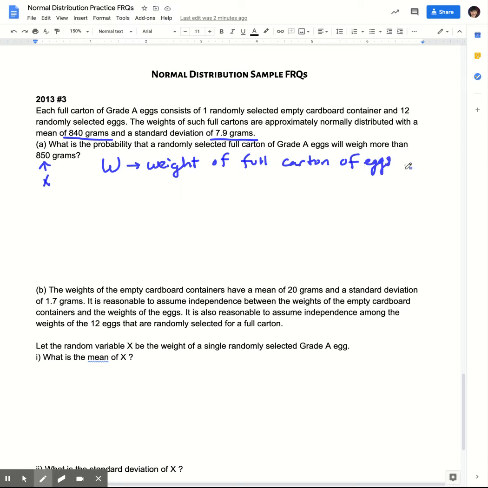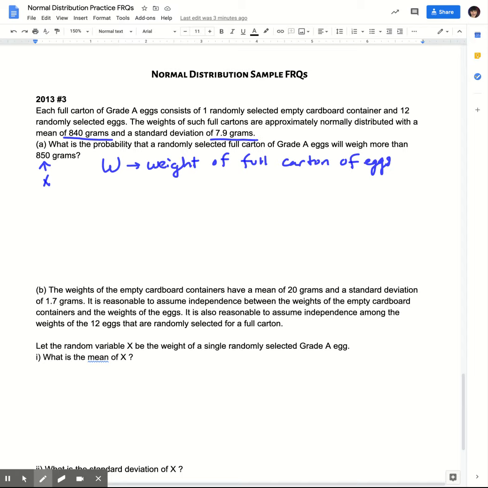It's always a good idea, if you're going to use a variable, to indicate what that variable is in context. Remember, statistics is all about context. The problems have no meaning if you don't connect them to something real.